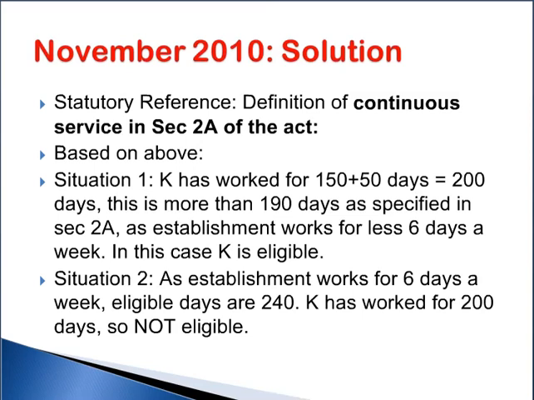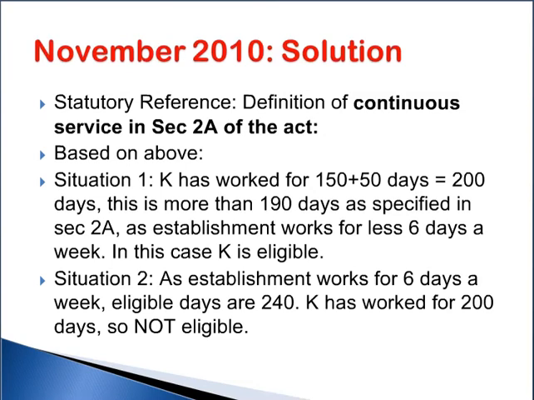This means K has worked for more than 190 days, which is an eligible period for continuous service. Where an establishment works for less than 6 days in a week, in this case K is eligible to be part of claim for gratuity.